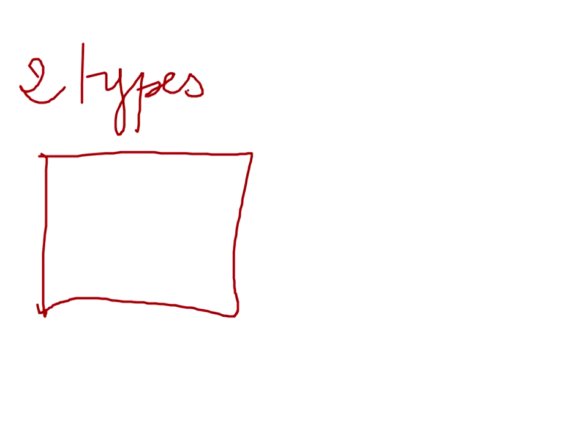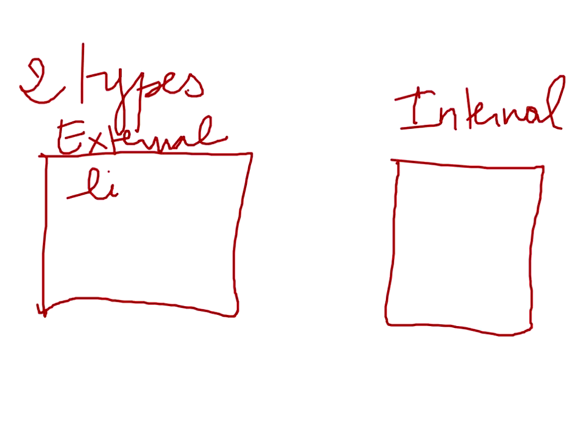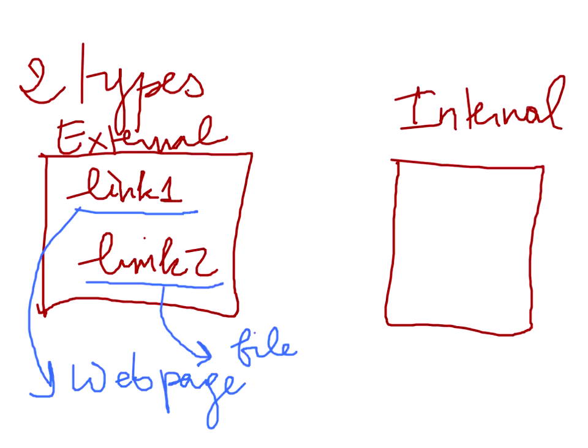We can make an external hyperlink, or an internal hyperlink. In the external hyperlink, for example, link number 1, link number 2, we can, for example, make a link to a web page, or a link to a file.